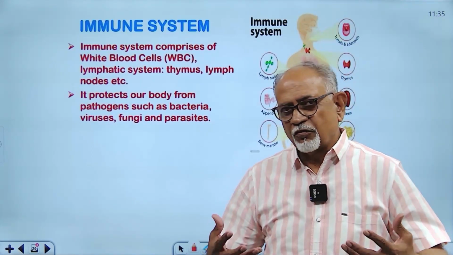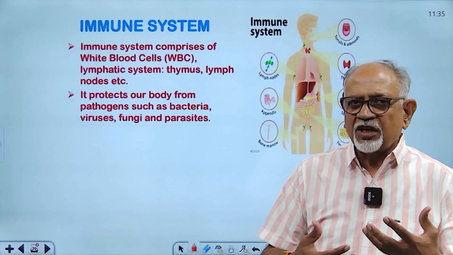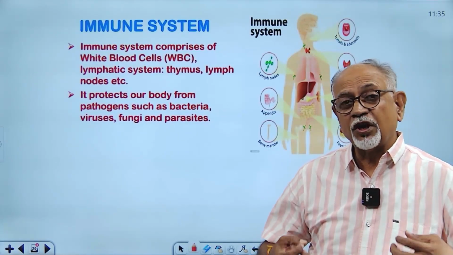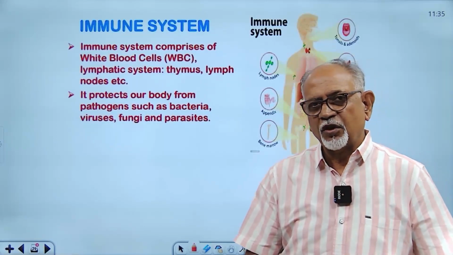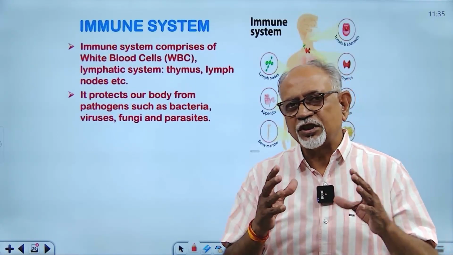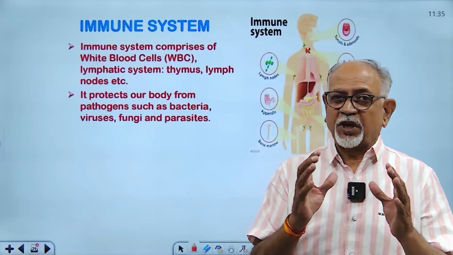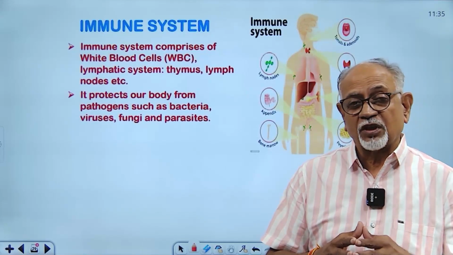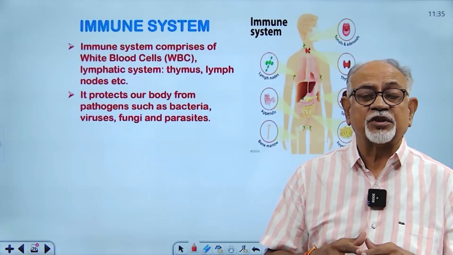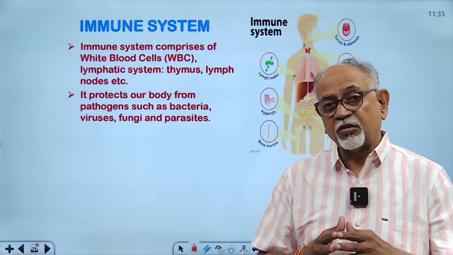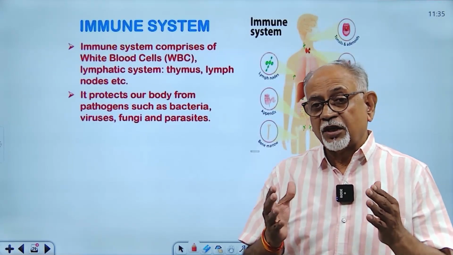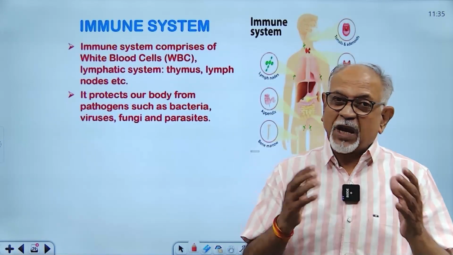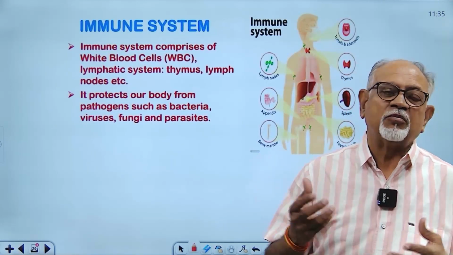So, when the interstitial fluid is collected in terms of lymph, it passes through a series of lymph nodes which contain reticuloendothelial cells where the pathogens like bacteria, viruses are filtered, phagocytized, and digested, and only the infection-free lymph is sent back to the main bloodstream.